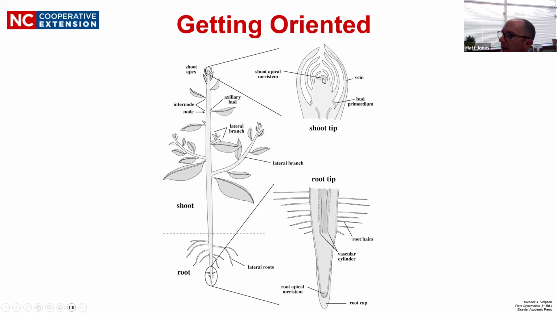But this enables, as the shoot keeps growing up, the distances between the nodes, the internodal space between the leaves, to increase in length, and you get this regular repeating pattern of leaf arrangement. We'll learn that some plants have alternating leaves.